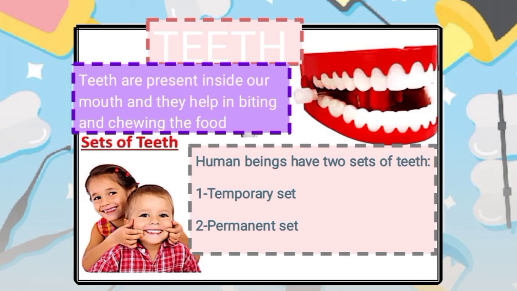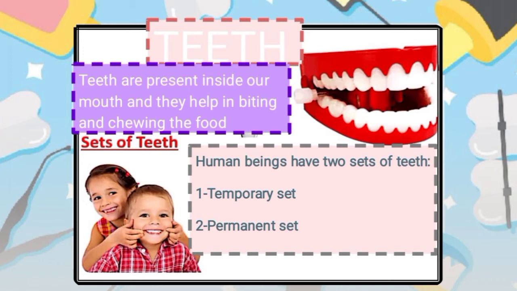As humans, we have 2 sets of teeth, temporary set and permanent set. The first set is called milk teeth, primary teeth or baby teeth. They start erupting when we are 6 months old, and the next set of teeth called permanent teeth begin erupting as we turn 6 years old.